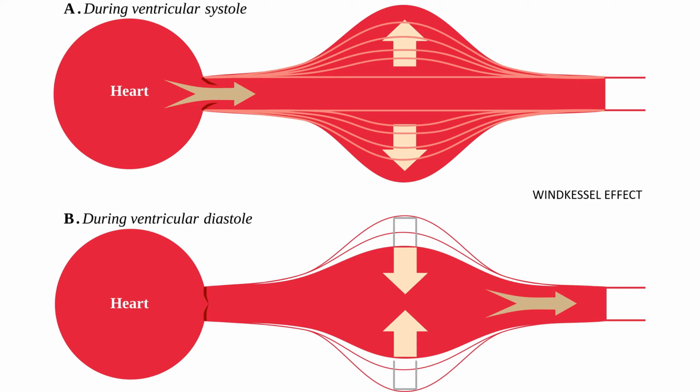This phenomenon of elastic stretch and elastic recoil within the large arteries is called the Windkessel effect, and it is responsible for maintaining diastolic blood pressure and for generating more continuous blood flow in the arteries, as opposed to flow only during systole.